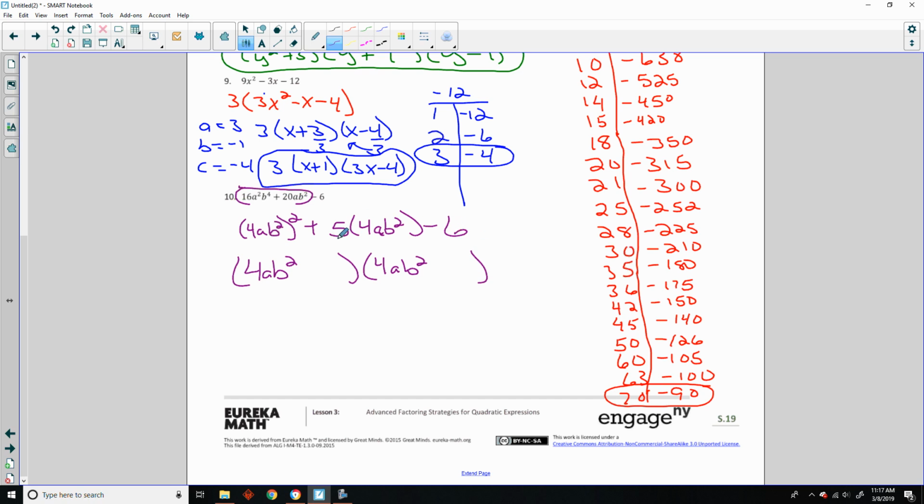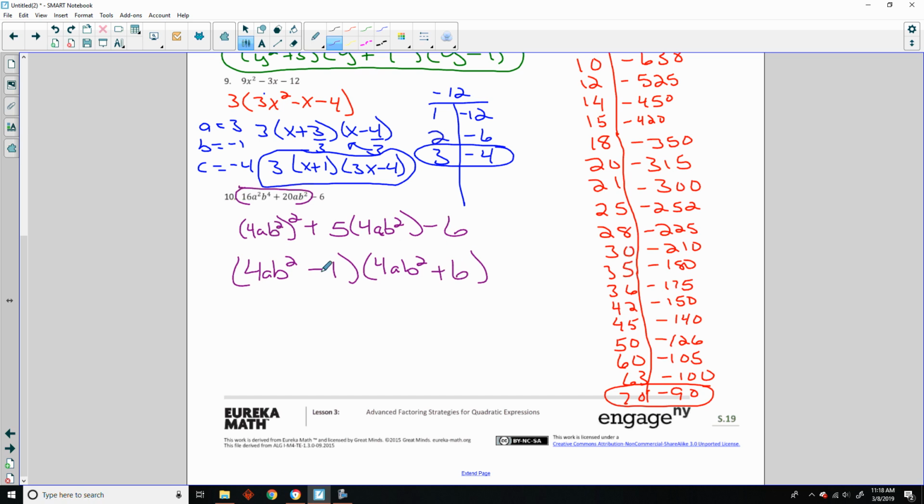So 3 times 2 is 6, and 3 plus 2 is 5, so it's going to be minus, could be -3, -2, but that doesn't add up, so it's going to be -1 and plus 6. 6 times -1 is -6, 6 minus 1 is 5.